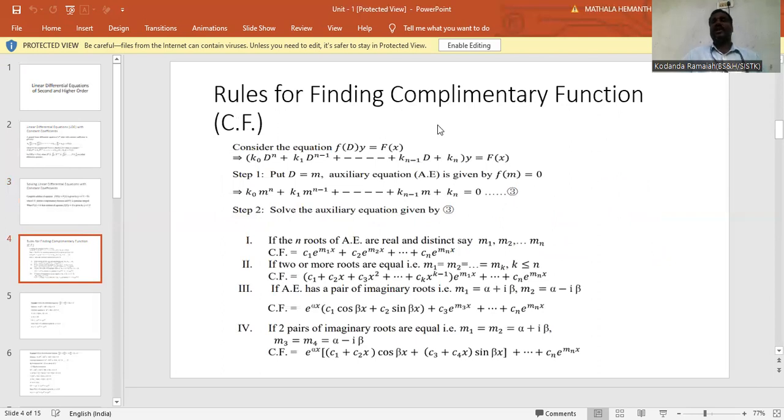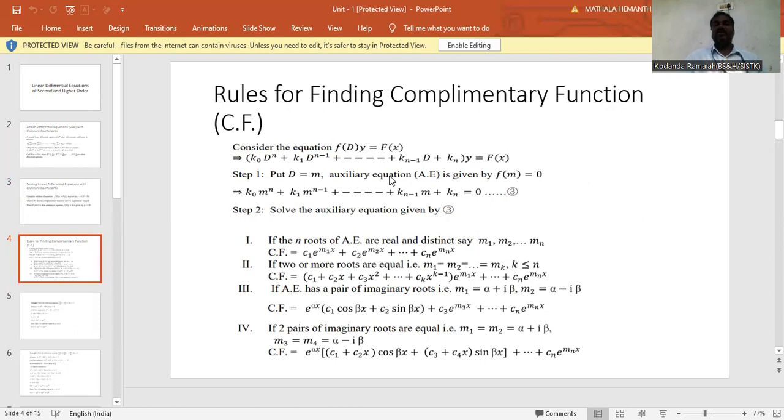The rules for finding the complementary function. We can find the complementary function by following these rules. Consider the equation F(D) y equals f(x), which can be written as (k0 D^n plus k1 D^(n-1) plus and so on plus k_(n-1) D plus k_n) y equals f(x).